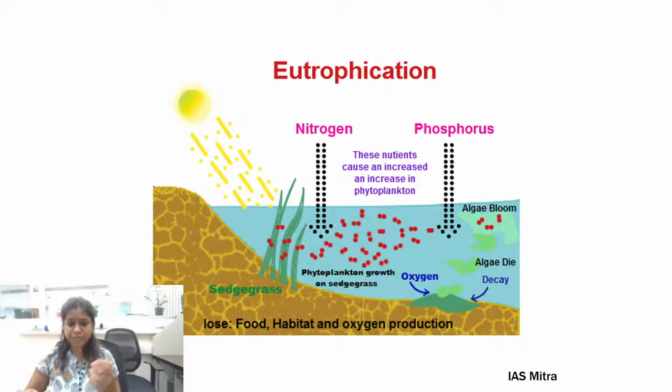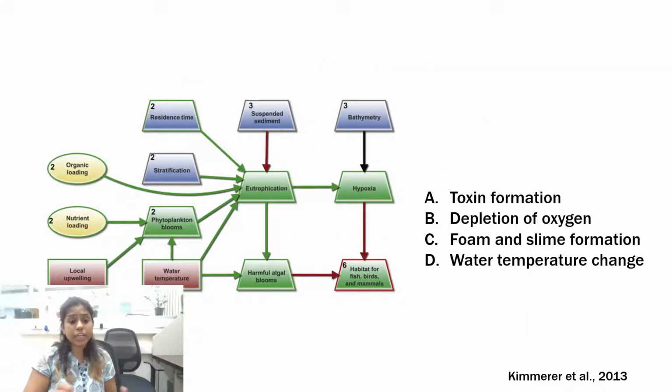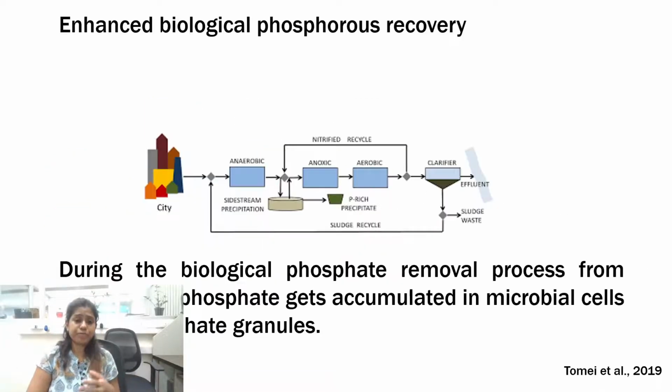This causes eutrophication, that is oxygen depletion, and algae and phytoplankton start growing in higher abundances. Eutrophication has serious implications on the health of human beings. It has implications on aquatic life as well. It causes an increase in water temperature, toxin formation, and foam and slime formation as well.